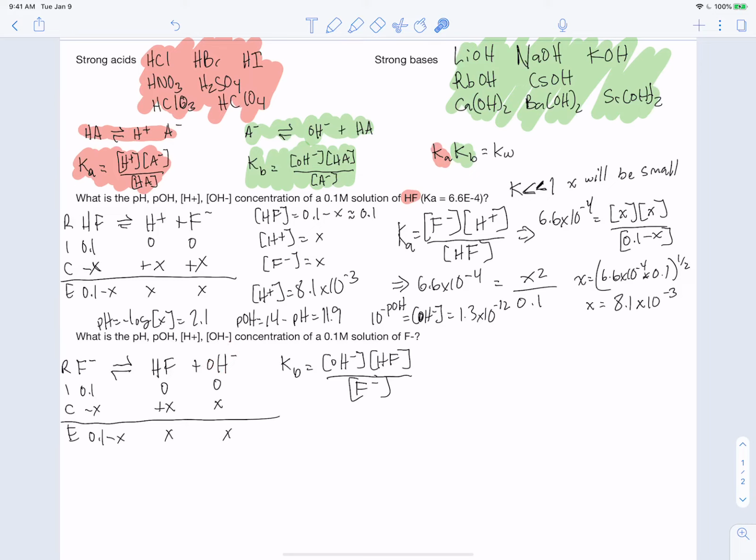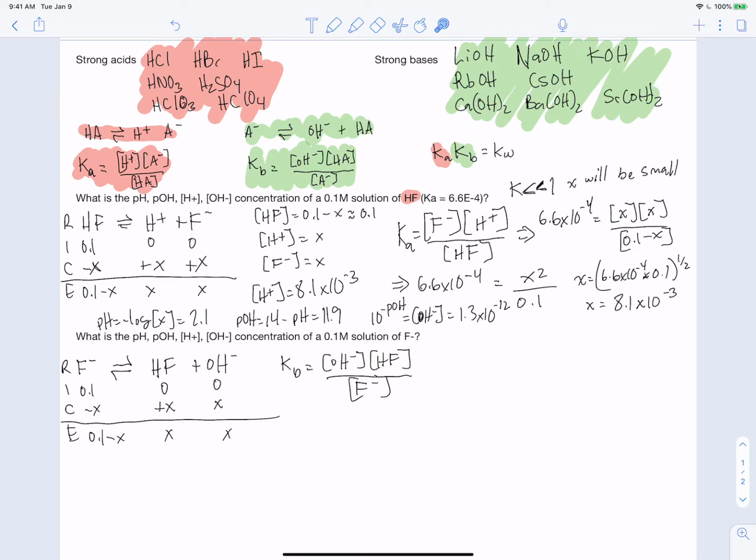We have OH minus. So the reverse of this reaction is not this reaction. They're related, but they're not the reverse of one another. This is a different type of reaction where we're generating OH minus. So Kb has hydroxide in it, whereas Ka has H plus in it. And so Kb is not simply 1 over Ka. It's related in a different way.